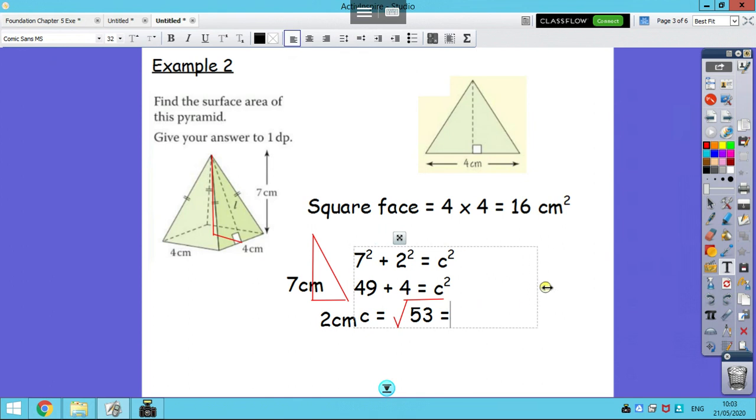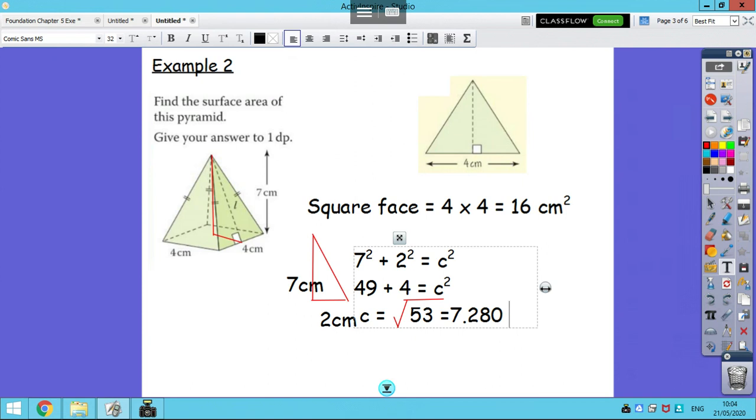Which is, if I get my calculator out, 7.280. I'm going to do it to 3 decimal places there, just because I don't want to round yet.